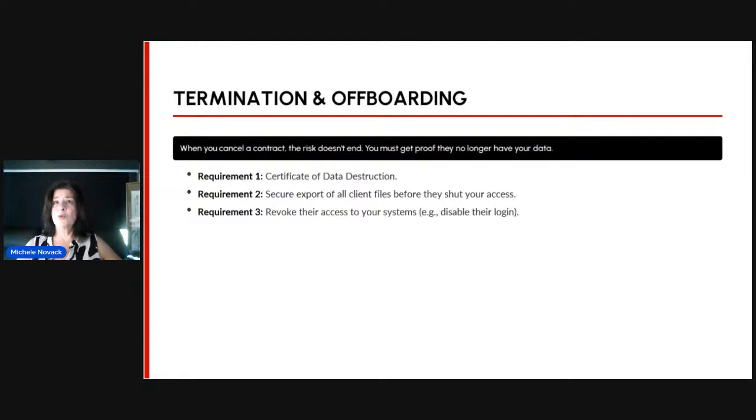If you have remote workers or contract workers using their own device, you are required to wipe that data off their device and have them provide you with a certificate of data destruction, swearing they have wiped all of your clients' data off their system and there's nothing left. They may even have to hire somebody to do it. That's not your problem.